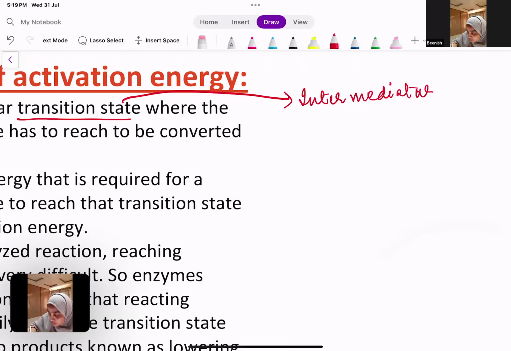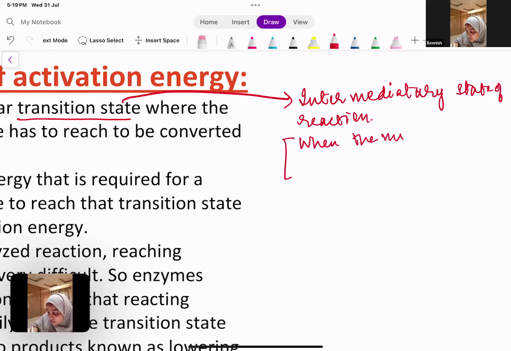Intermediary state of reaction, when the molecule is neither a product nor a substrate.